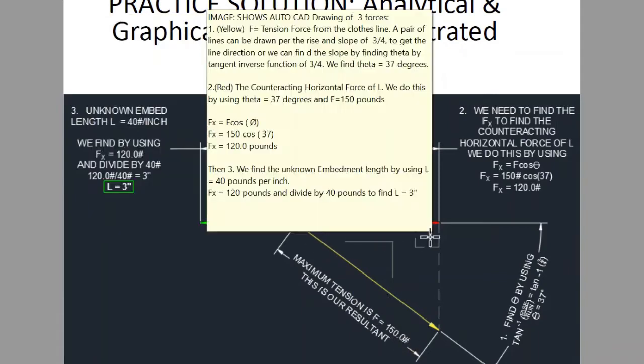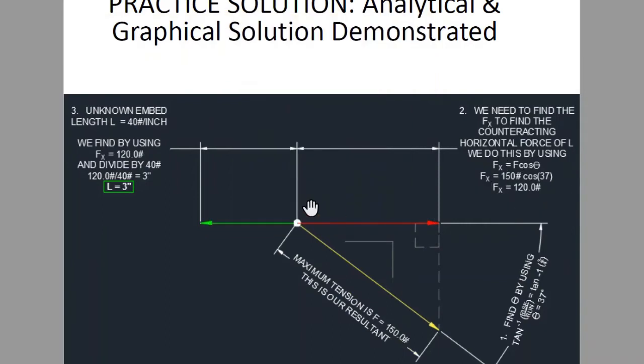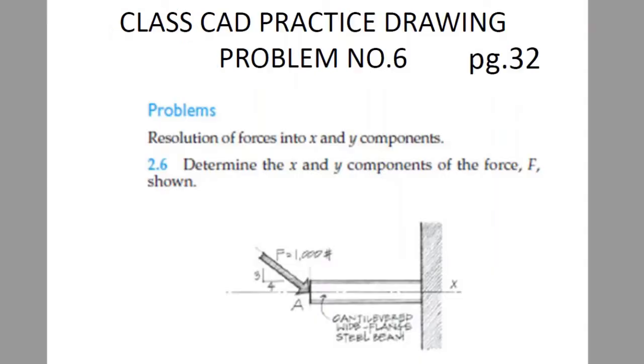So that one would be equal to 120 pounds on the horizontal. And then we take a look at the unknown embedded length, and we use L is equal to 40 pounds per inch. With this, we find that F of x is equal to 120 pounds, and then we divide by 40 pounds, and L is equal to 3 inches.